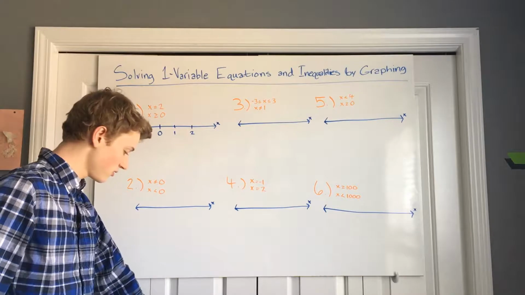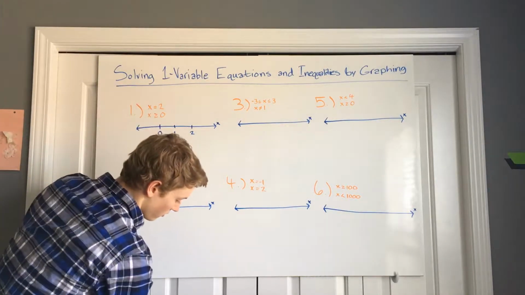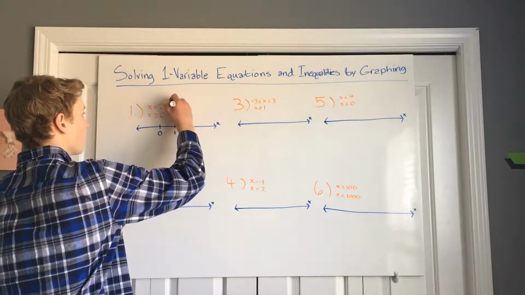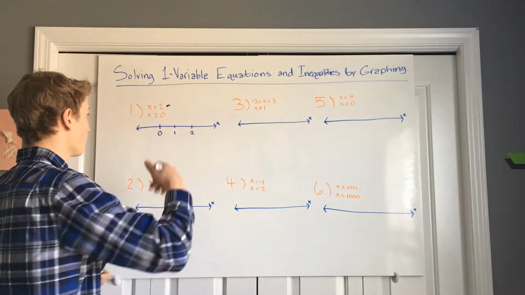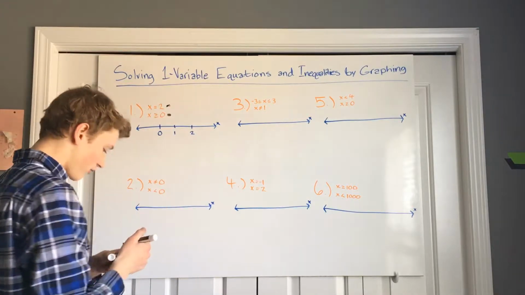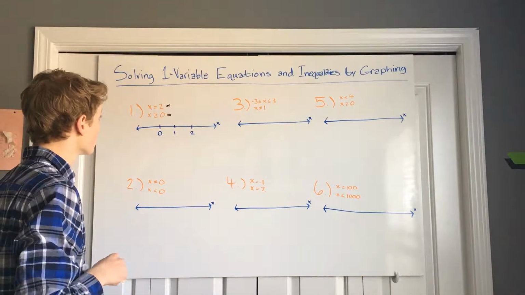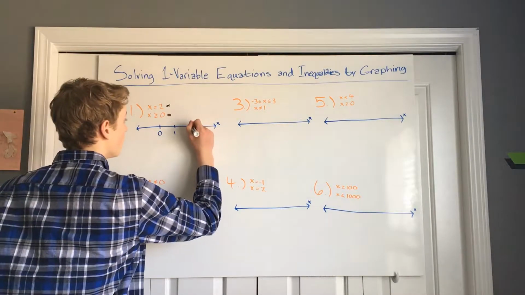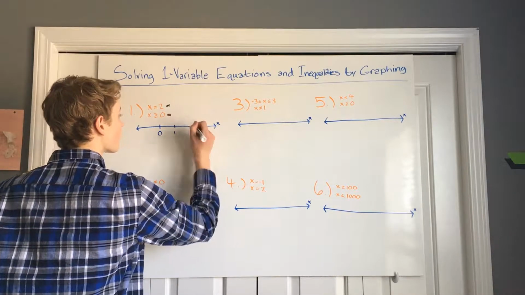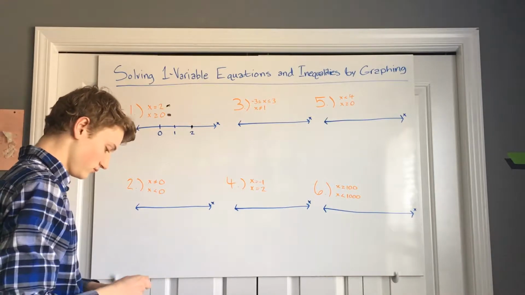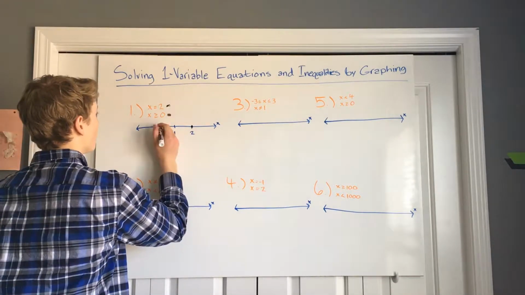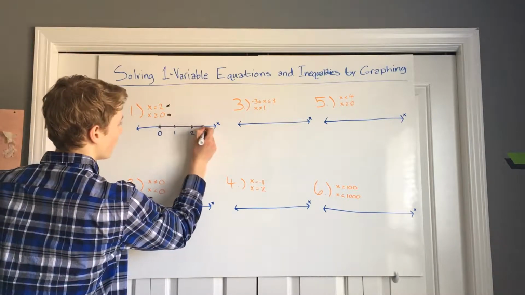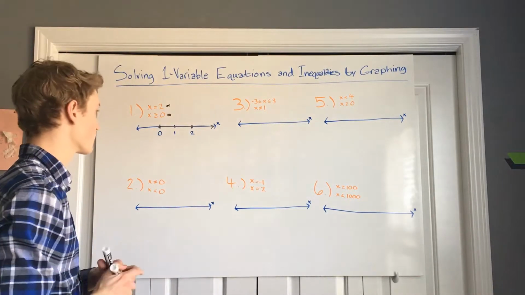Then, let's see, I'm going to make the top ones black, and I'm going to make the bottom ones brown. So we'll start with the brown one, the black one. That's going to be 2, just like that. And then have a closed circle just like that, and a line that goes just like that.